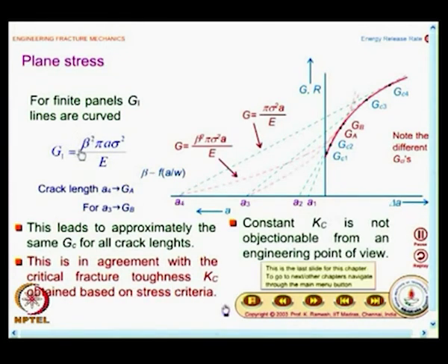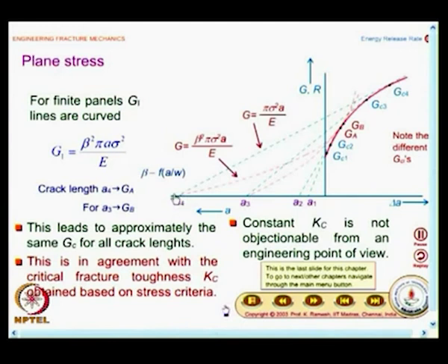And this beta is a factor, a function of the problem on hand, it is a function of the a by W ratio. This makes the change that you no longer have a linear variation, because beta is not constant, it is changing as a function of a by W, and you will have in essence a nonlinear curve depicting the fracture.